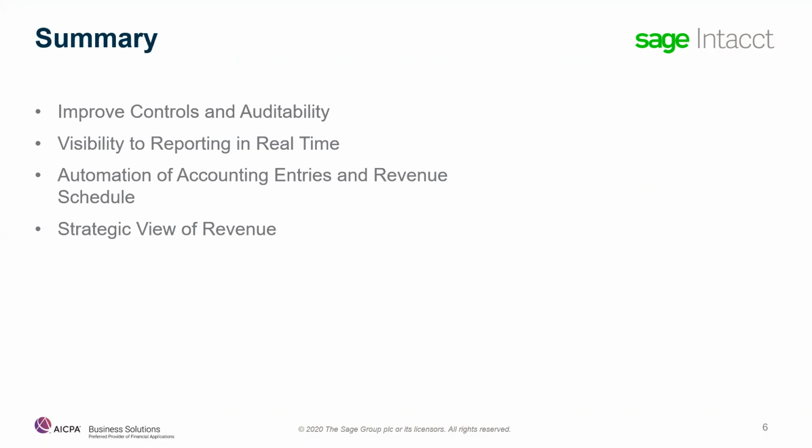It also does not give you visibility to reporting in real time. So as you are creating sales orders and posting invoices, it's automatically creating those schedules. And then once you have those schedules set to automatic, they're going to be posting automatically. So you won't need to make the journal entries.